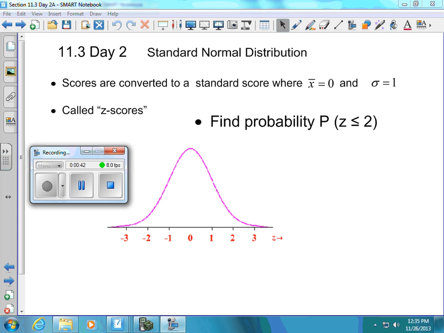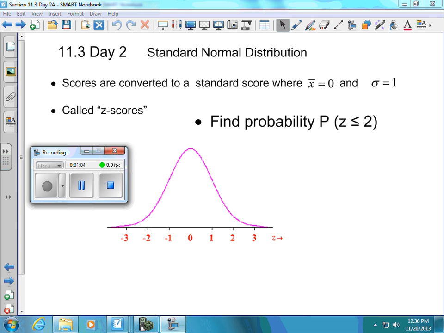So basically everything is converted to scores where the x-bar or the average is 0 and the standard deviation is 1. You see this a lot in research. They convert data to z-scores because then you can compare more easily between different types of research what the probabilities are for a given data set.